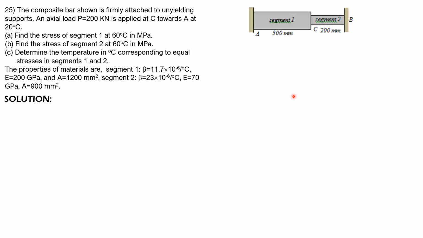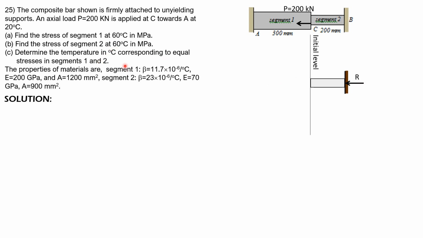So this is the figure, and the load is to the left. So the reaction at B is expected to the right, of course. So meaning that segment 2 will be in tension. Oh, sorry, it is also to the left, the reaction.